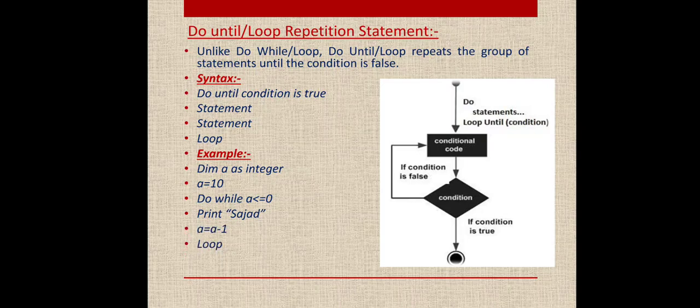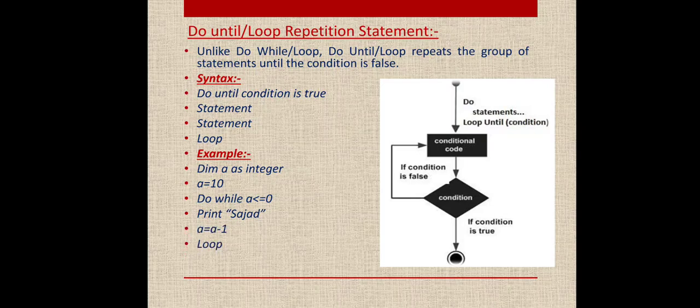After that, once it decrements, it will make the variable 10 to 9. 9 is still not less or equal to 0. It means the condition is still false. It will again print the message Sajad, and after that it will go to 8. Again the message Sajad will get printed, and it will reach 7, 6, because we are decrementing the variable, then 5, 4, 3, 2, 1, then 0.